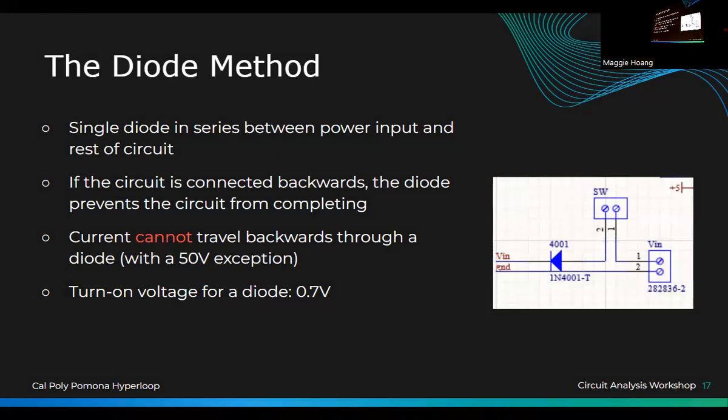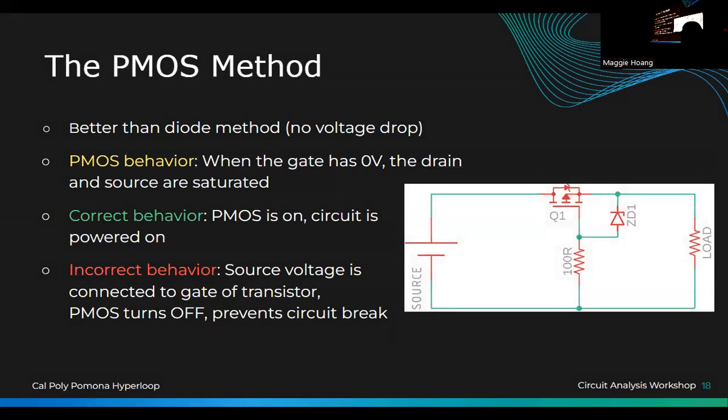So when you go in here, you give off 0.7, and then it will be 8.3 volts. So you're losing a little bit of voltage, right? A better way to do that is a PMOS method, because it doesn't require any voltage drop. So how PMOS works is, you have this circuit here, right?